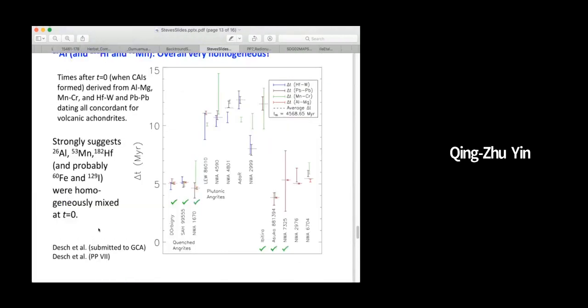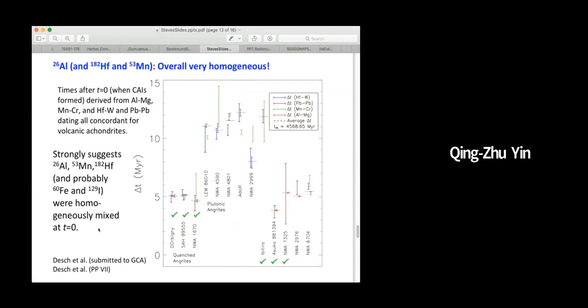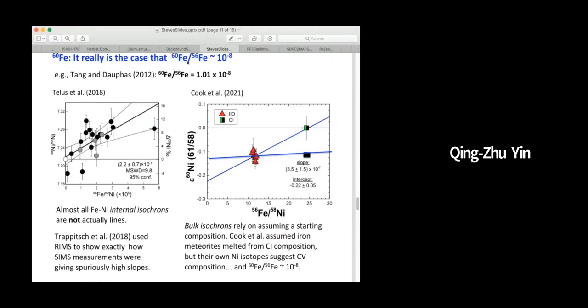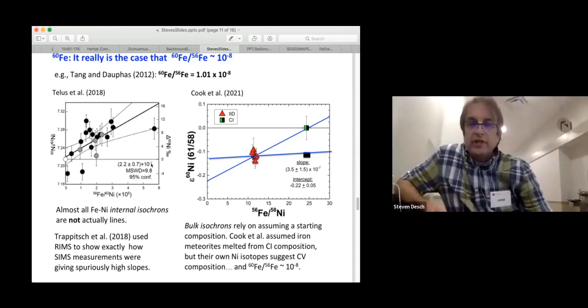Yes, my question is with regard to that Cook et al. study. Steve said the 2D parent should be a CV chondrite instead. Is there a reason for that? Do we know that 2D is a carbonaceous iron meteorite parent body? Yeah, I don't remember. There were two iron meteorites in this paper, 2D and another one.